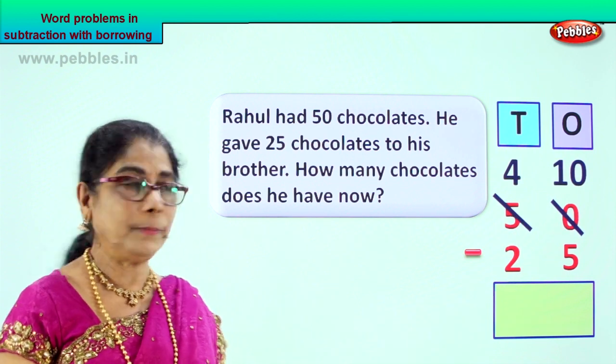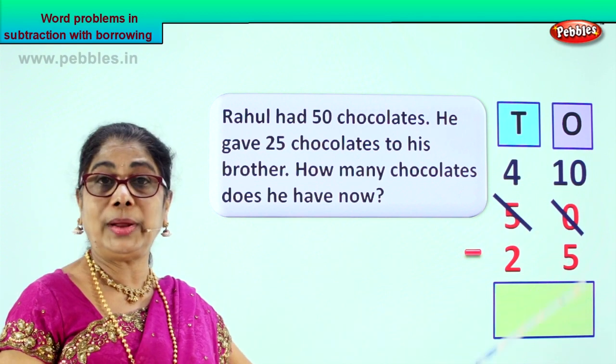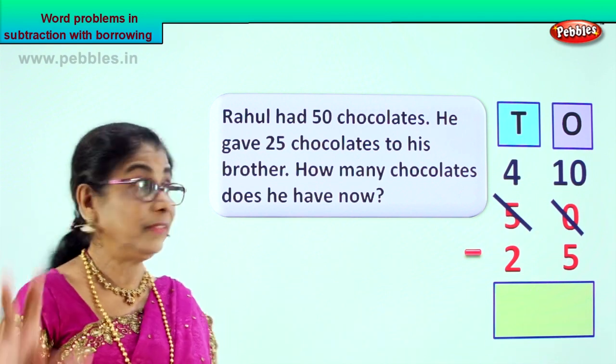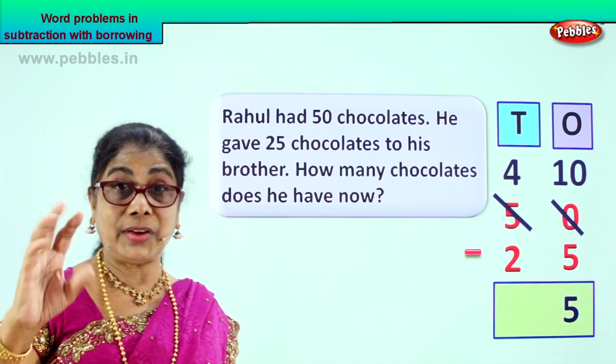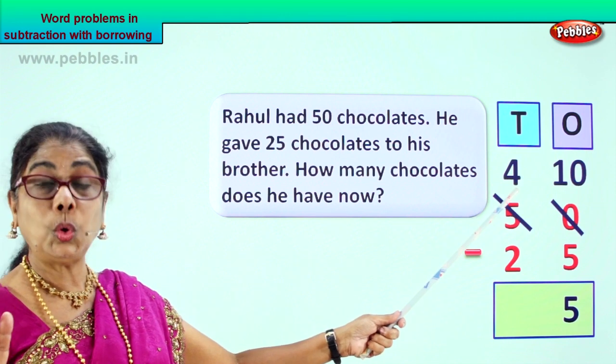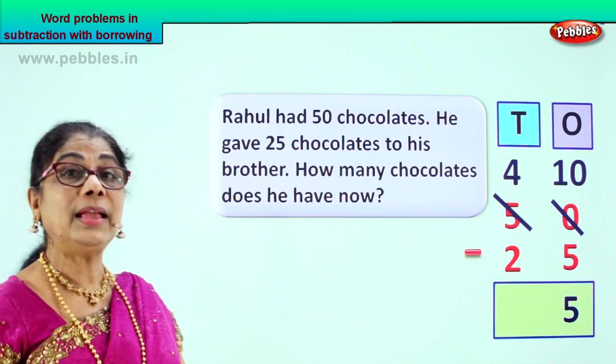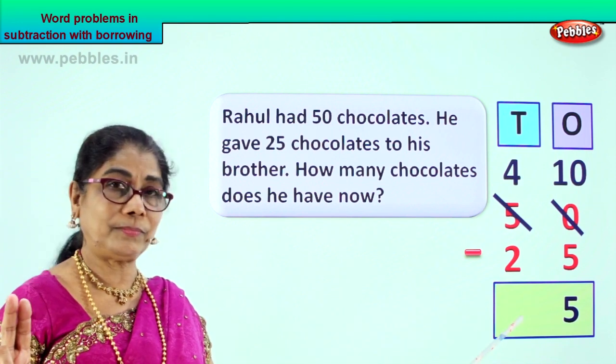Now from 10 ones we take away 5 ones. The answer is 5. 10 take away 5 is 5. And here you have 4 tens minus 2 tens. The answer is 2 tens.